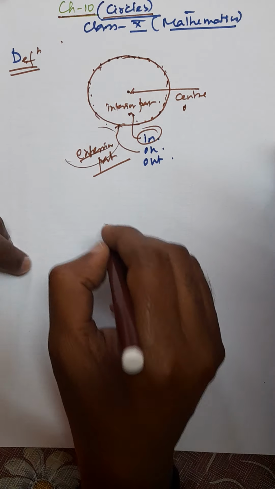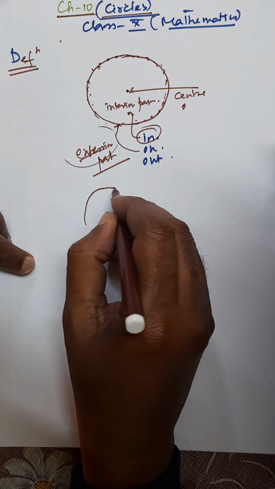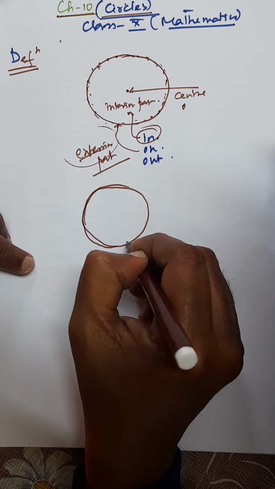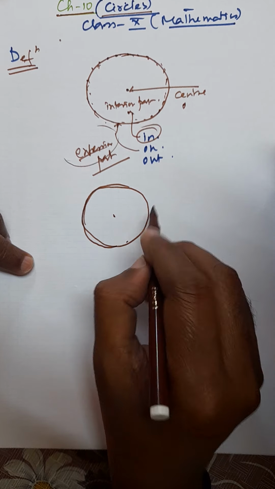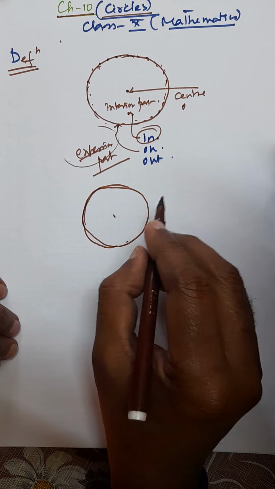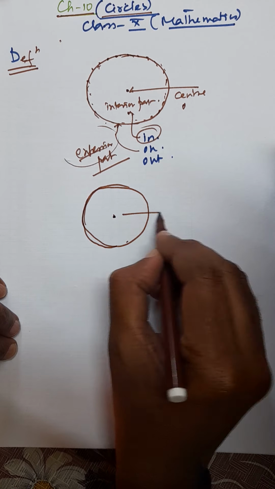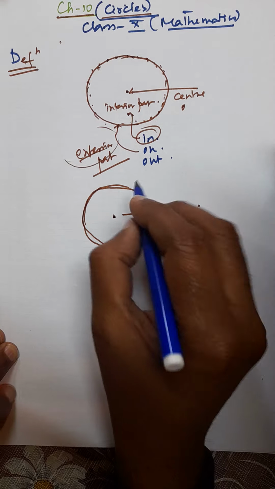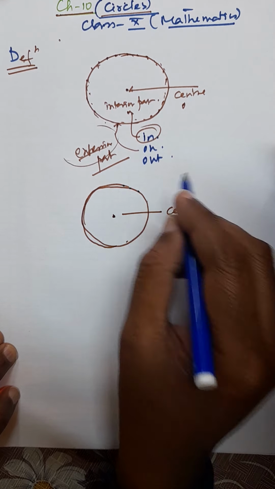Next thing is that we have already learned this in the previous classes, from class 5 to class 9. This fixed point is known as center. As we know, there are infinite number of points on the circle.